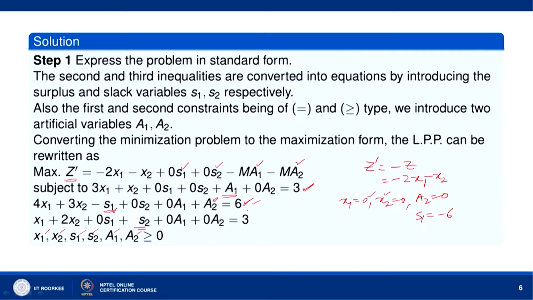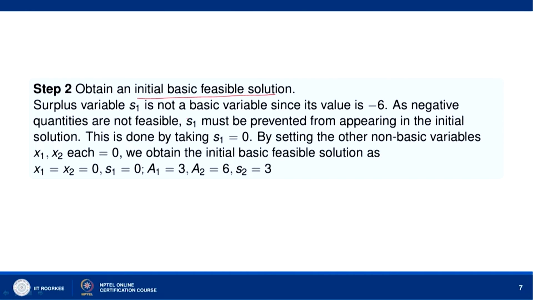So, to obtain the initial basic feasible solution, we need to take 3 variables equal to 0. So, let us take x1 equal to 0, x2 equal to 0, a2 equal to 0. Then we arrive at s1 equal to minus 6, but s1 is greater than or equal to 0. So, s1 will not be a basic variable, because its value is minus 6.